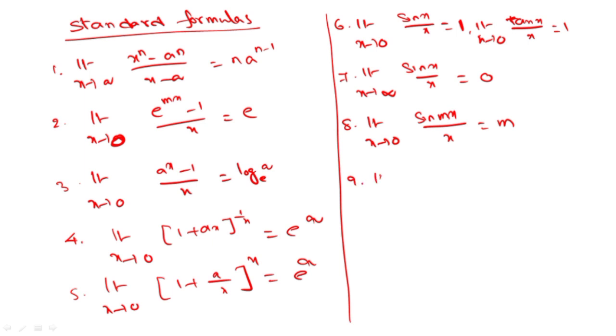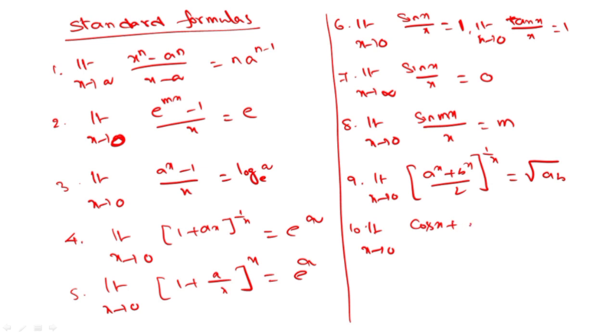And you can see now, limit x tends to 0, a power x plus b power x by 2 whole power 1 by x is root ab. And limit x tends to 0, cos x plus a sin bx whole power 1 by x is e power ab.